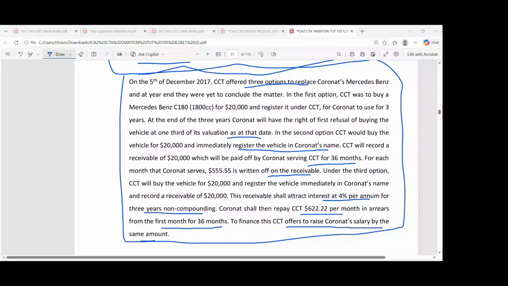Thank you. So the first thing from CCT's perspective, team, in the thought process, depending on the number of marks, first of all, there is the purchase.